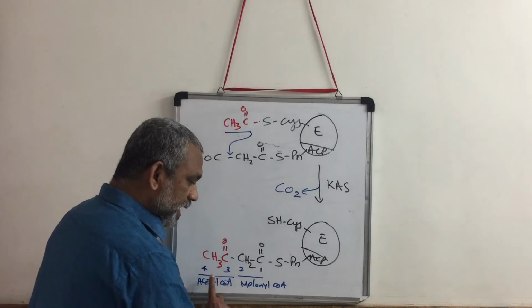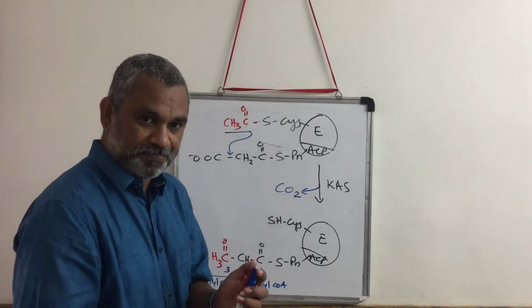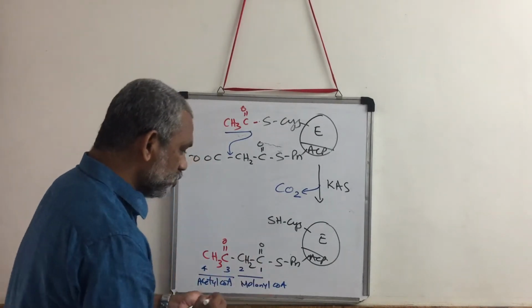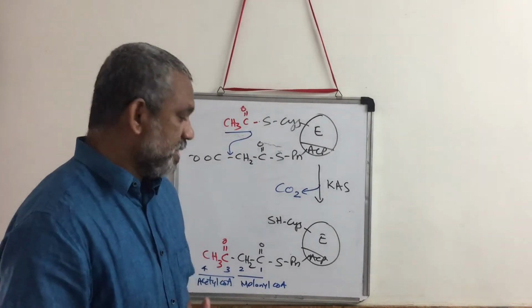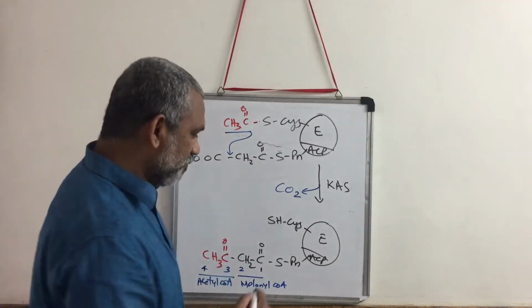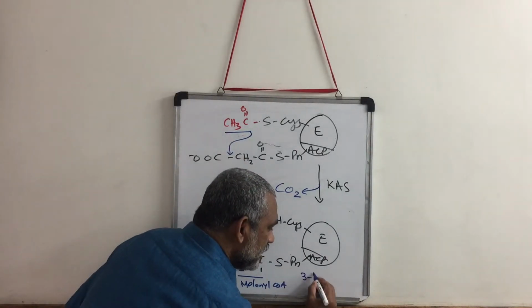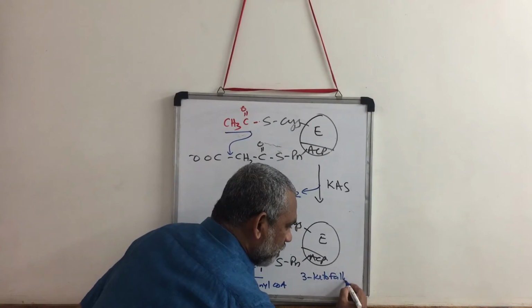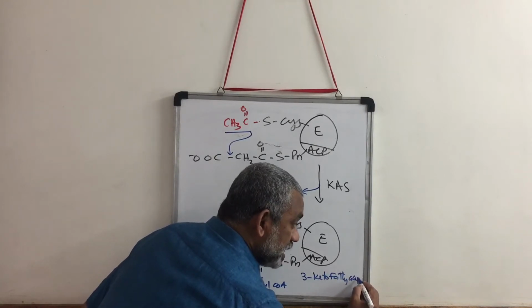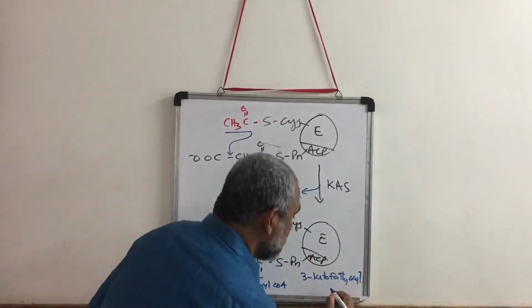So therefore, let us name this compound. Carbon number 1, 2, 3, at the third place, there is a keto group. So therefore, we shall call this one 3-keto fatty acyl ACP.